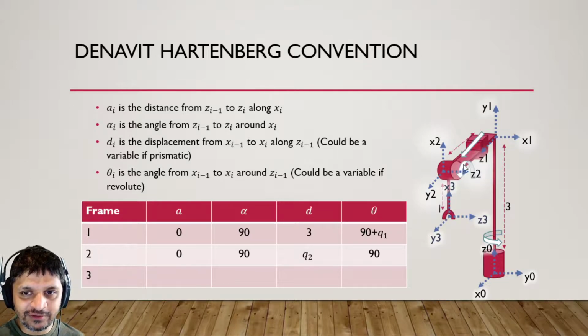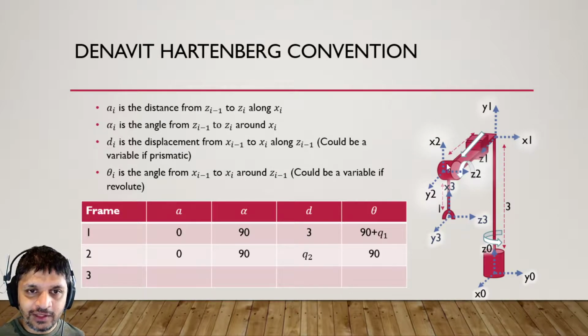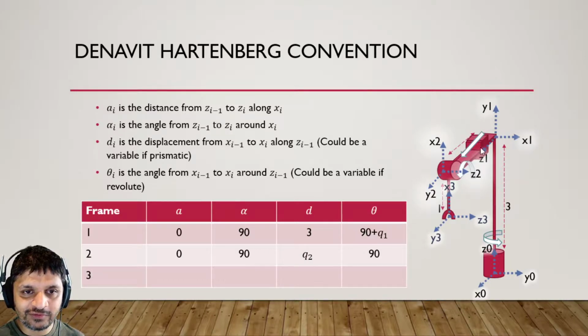D, which is the distance along z, right? So d is the distance along zi minus 1. This is zi minus 1. It is our joint parameter, right? This link can extend and retract because it's a prismatic joint. So the length of this link is our parameter q2. So that means d is q2. And our theta is the angle around zi minus 1 that gets my x's to align.